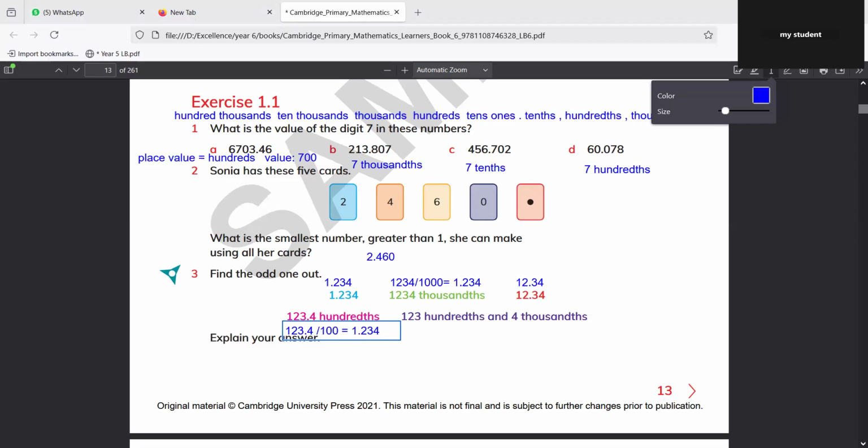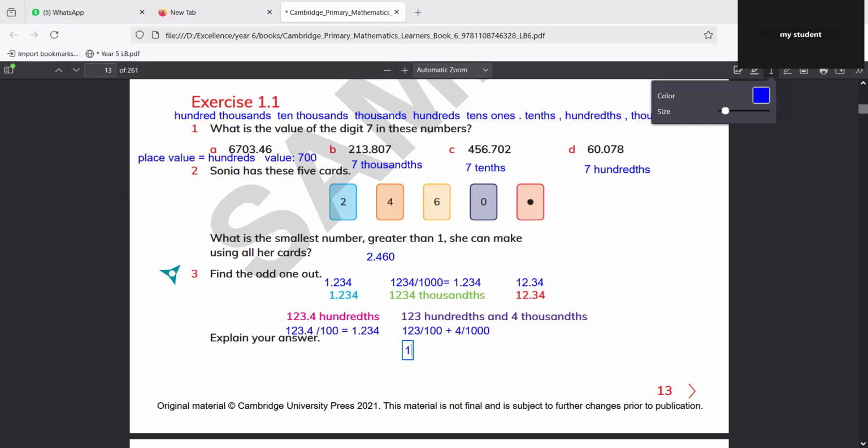This one after, they say 123 hundredths, it means divide by 100. Then plus 4 thousandths with the TH, that means plus 4 divided by 1,000. And you need to remember, all the time, we do the division first. So when you divide by 100, put the decimal point after 2 digits.